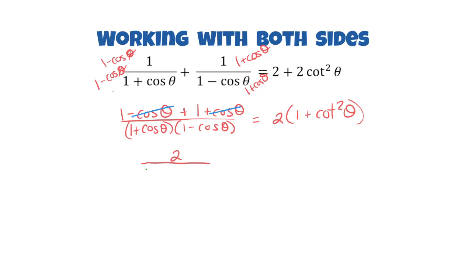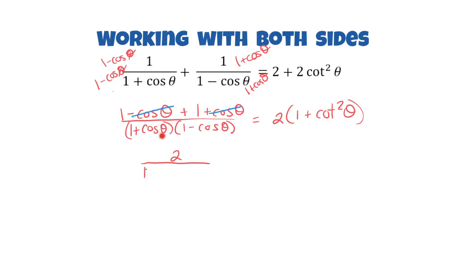And actually, this is the whole reason that we're doing this problem: I want you to notice what happens with this. These are conjugates. They're identical except one's a plus and one's a minus. Do you remember what happens when you multiply conjugates? I'm going to multiply first. I get a 1. Look at your outer and your inner. It's a negative cosine theta and a positive cosine theta. Those are going to cancel. Outer and inner cancel.